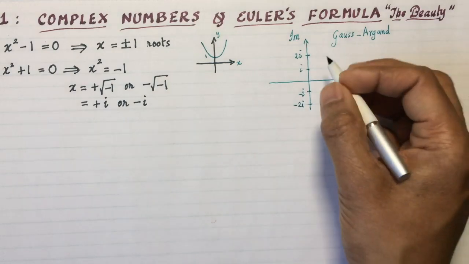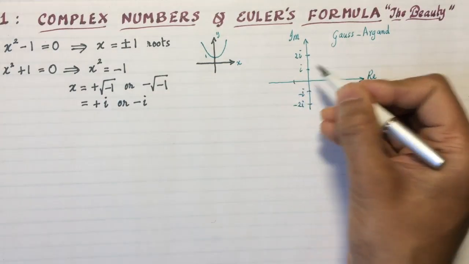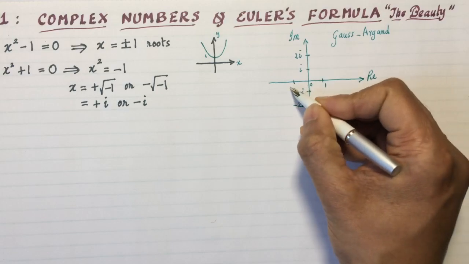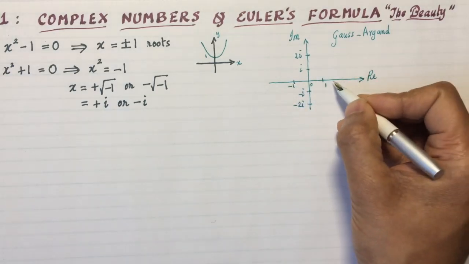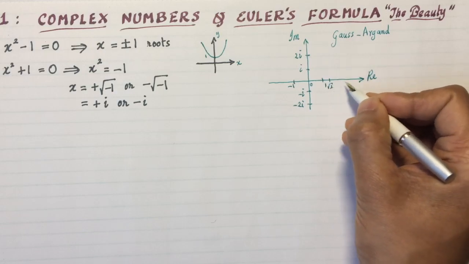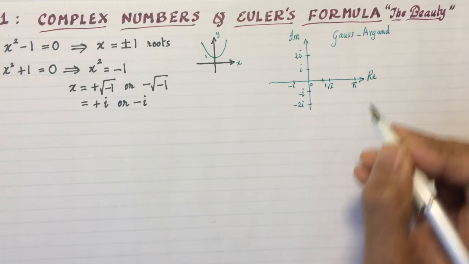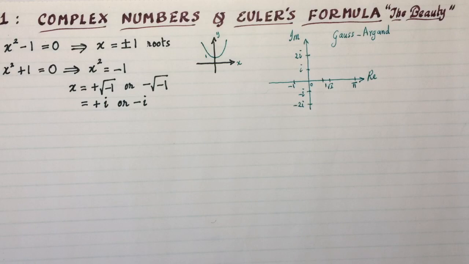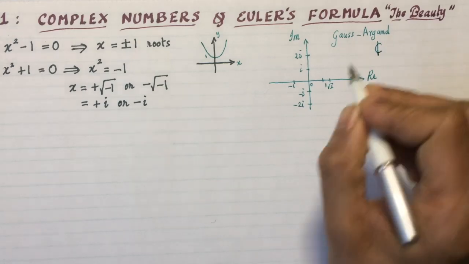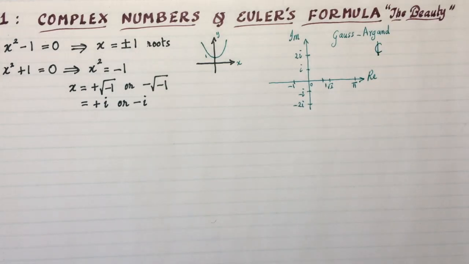On the x-axis, you have the usual positive and negative real numbers, such as 0, minus 1, root 2, pi, and so on. So this is called the Gauss-Argand diagram, or simply the complex plane, and it's indicated by the symbol C with a slash through it.